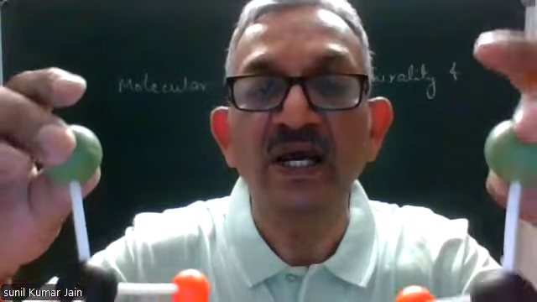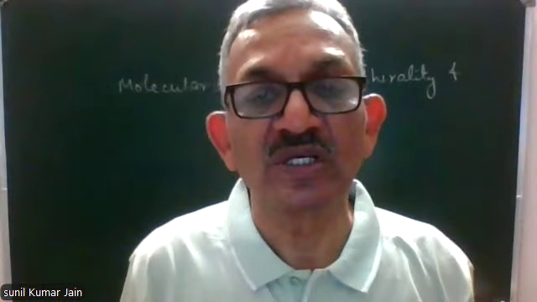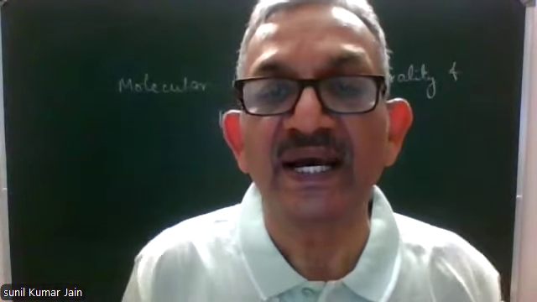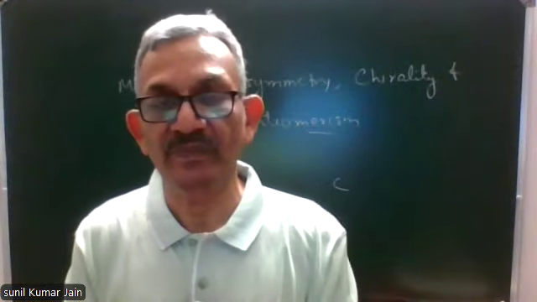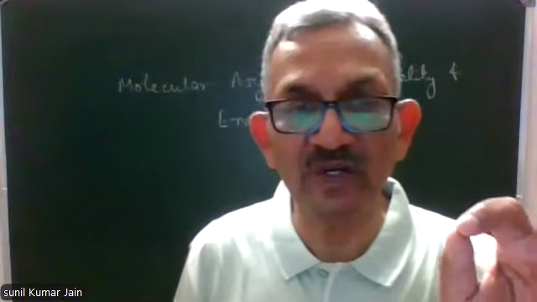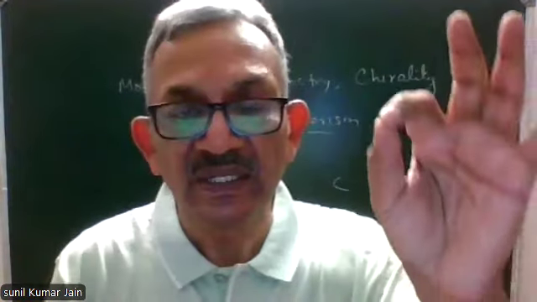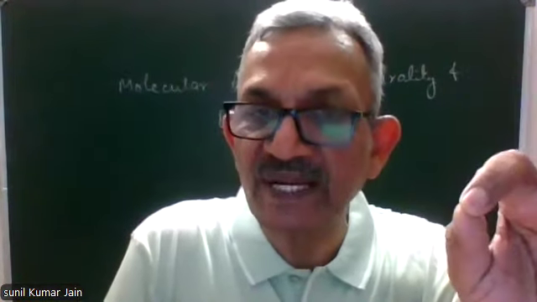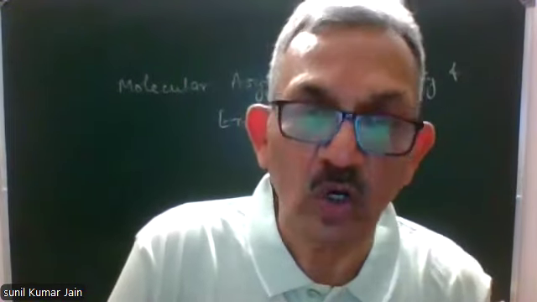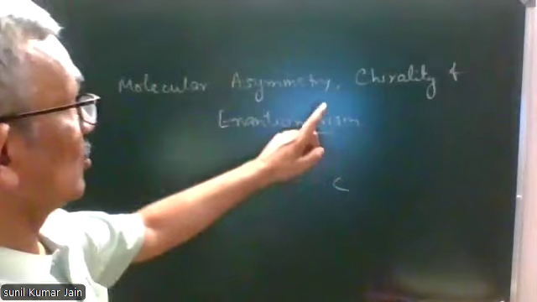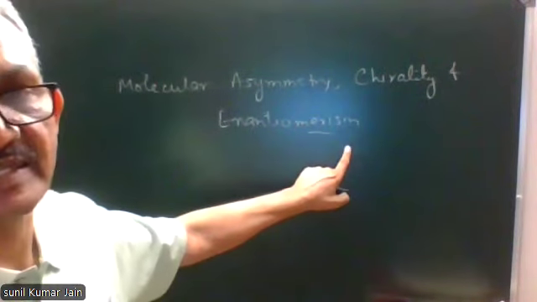These are called optical isomers. These are also called enantiomers of each other. And the phenomenon of existence of such optical isomers or enantiomers is called optical isomerism or also called enantiomerism.